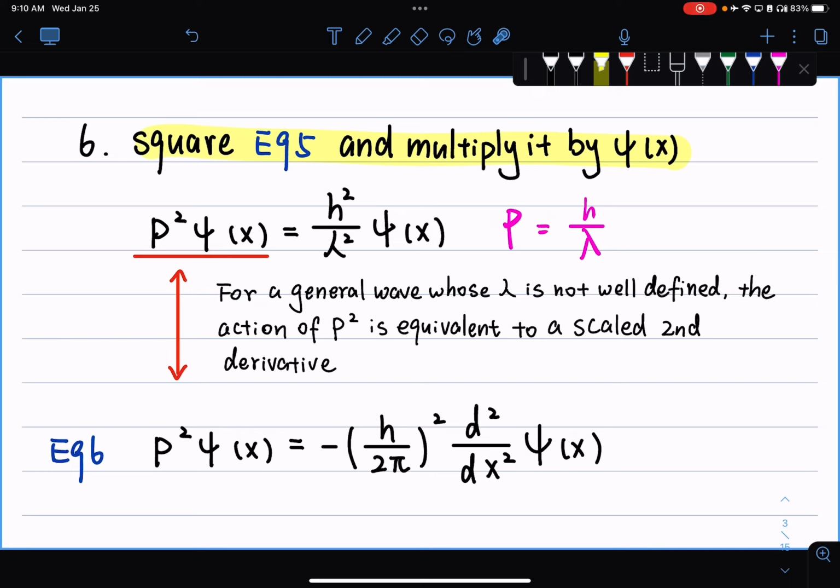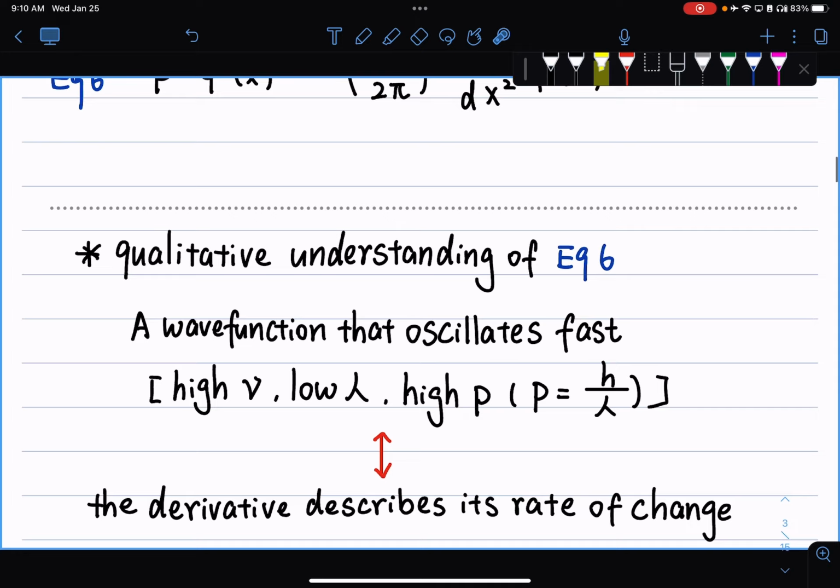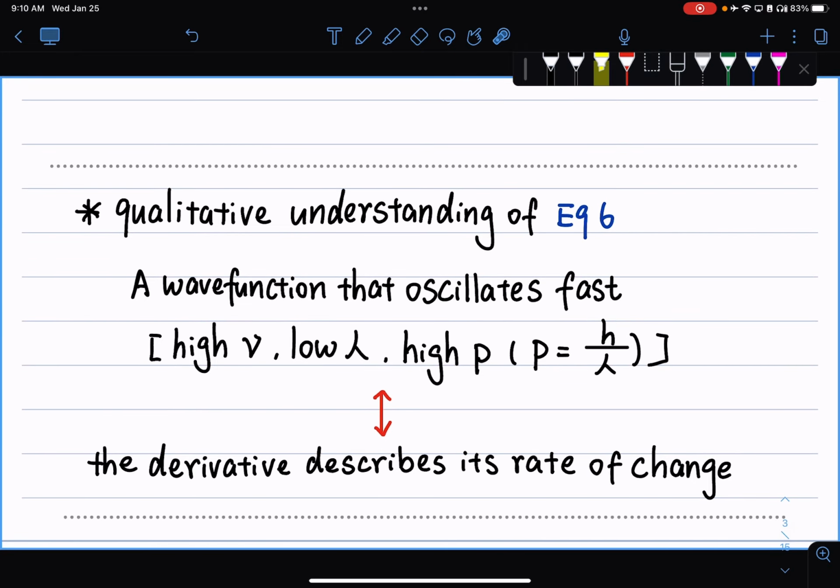This goes back to our differential equation background. When we talk about the derivative, we're talking about the rate of change, or the slope. The second derivative is the slope of a slope, or it tells you how fast your wave is going to oscillate. Let's try for a qualitative understanding.